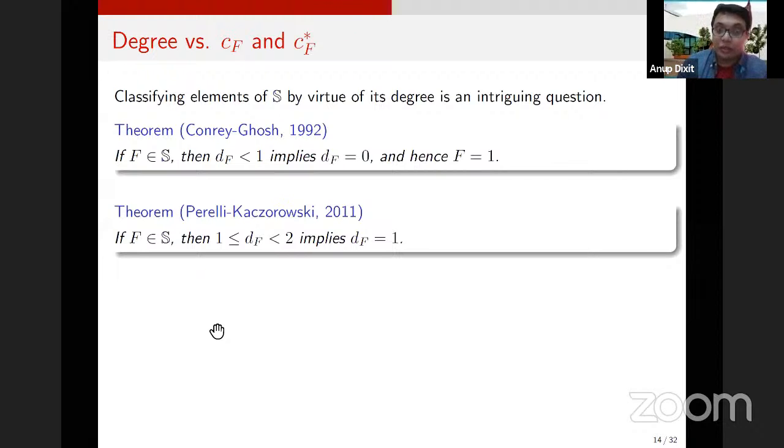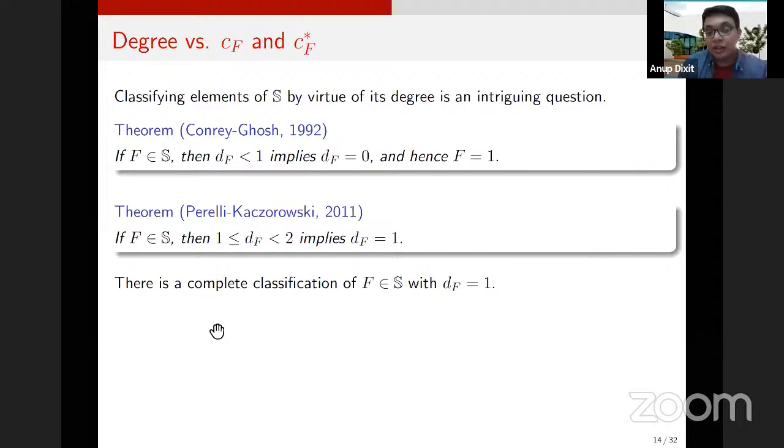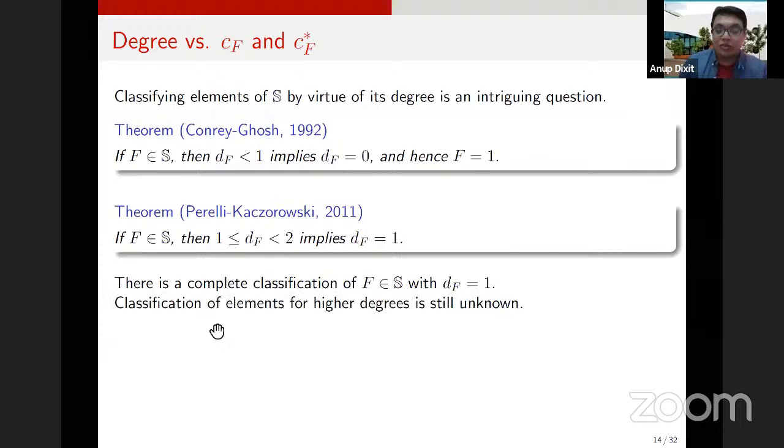This is a result due to Perelli and Kaczorowski. In fact, we know the complete classification of all the elements in the Selberg class with degree equal to 1. No such classification is known for higher degrees. We don't know what all the L functions with degree equal to 2 in the Selberg class are.